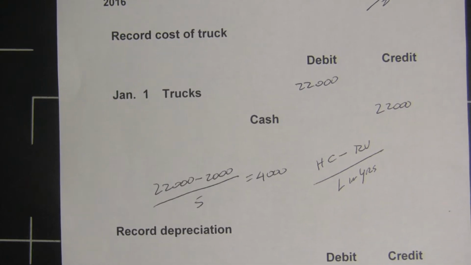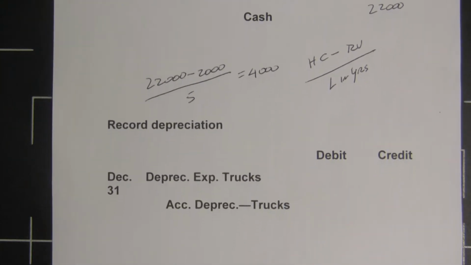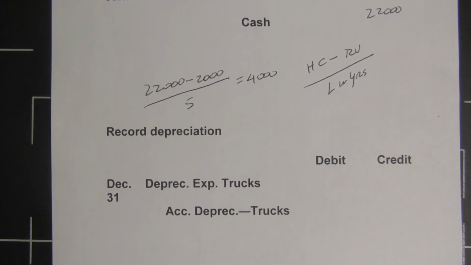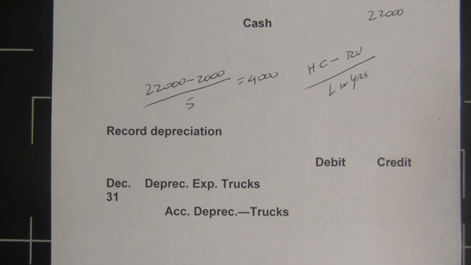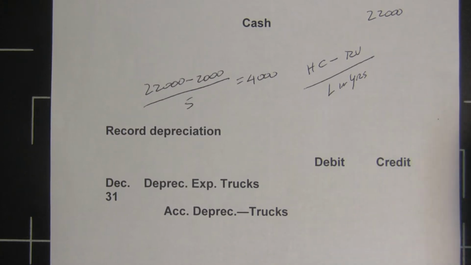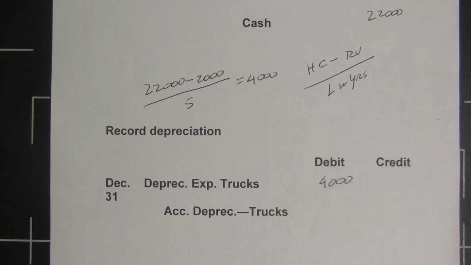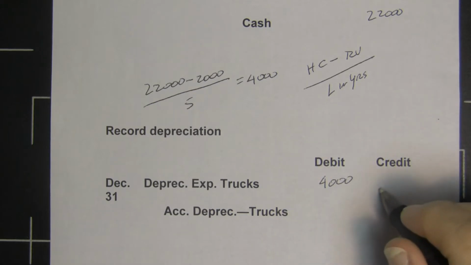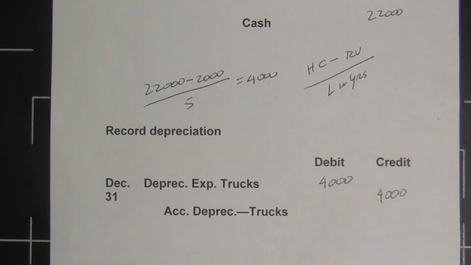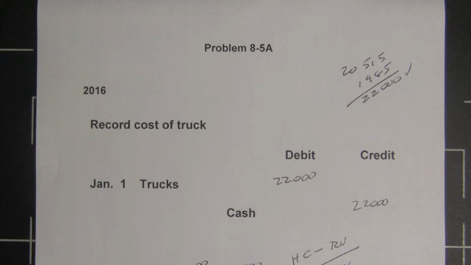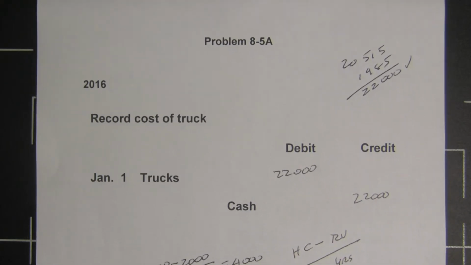So our depreciation expense for the end of the year, December 31st, is we're going to debit depreciation expense $4,000, credit accumulated depreciation $4,000. Pretty straightforward. Now the next year is when they start making things a little interesting for us.